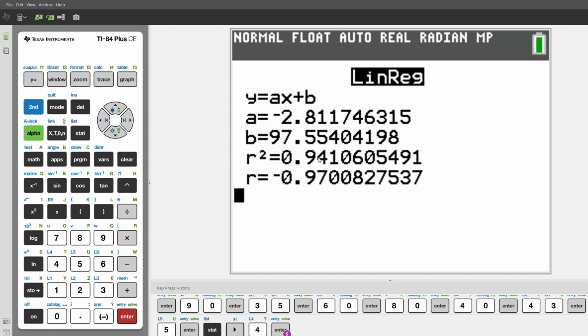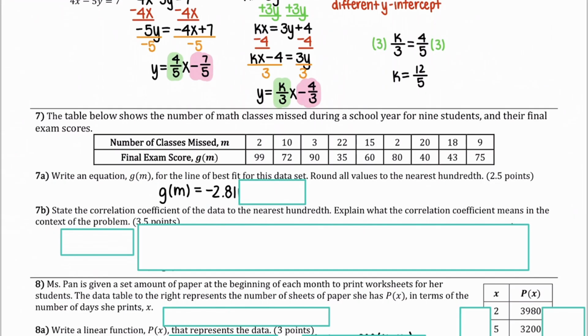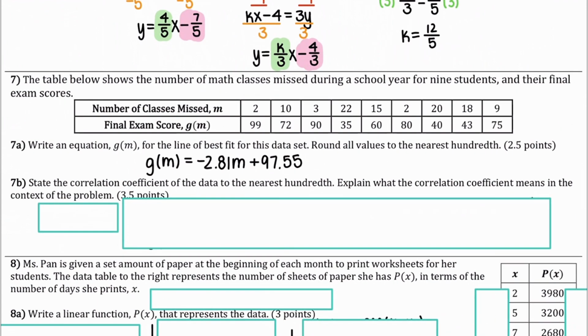As long as we substitute our values of a and b into the first equation given on our calculator, we'll be perfectly fine. Here we should have g of m equals negative 2.89 m plus 97.55.